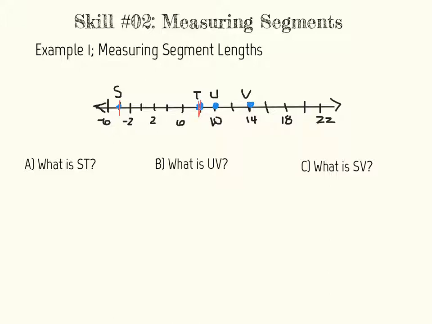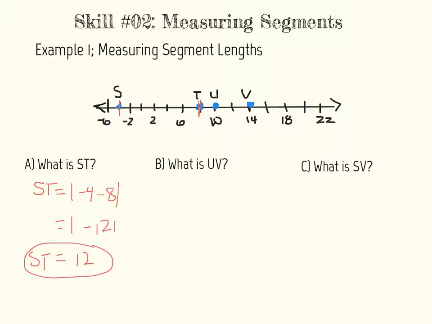So that's the absolute value of -4 minus 8, the absolute value of the difference of the 2 points. So that's going to be the absolute value of -12, which is going to give us 12. So the length of ST is 12.